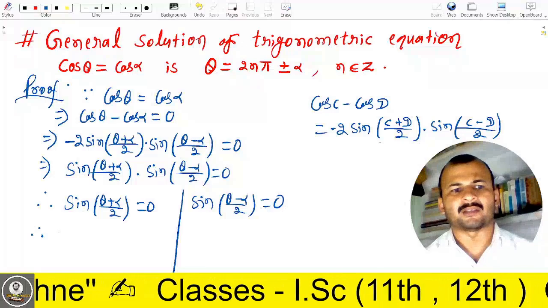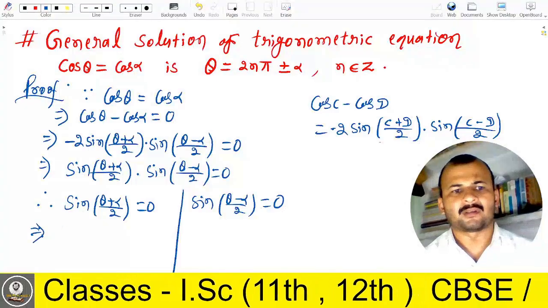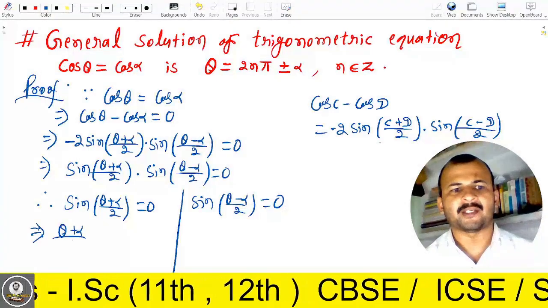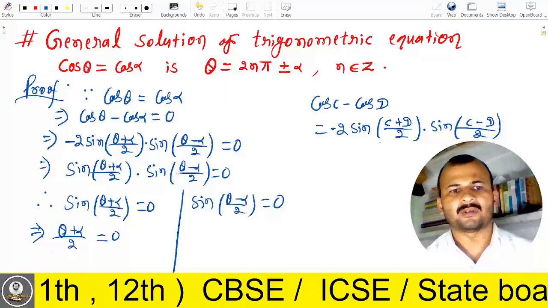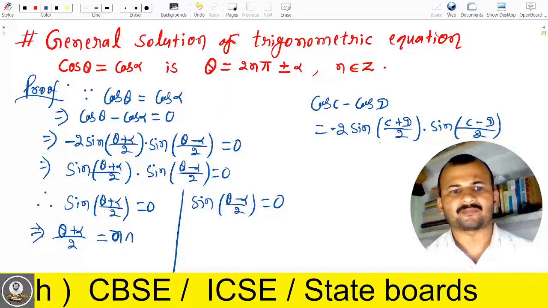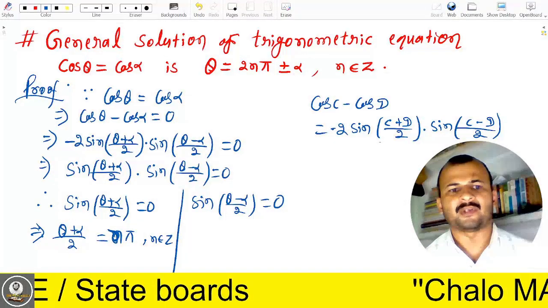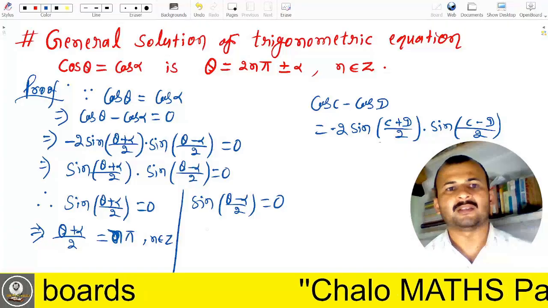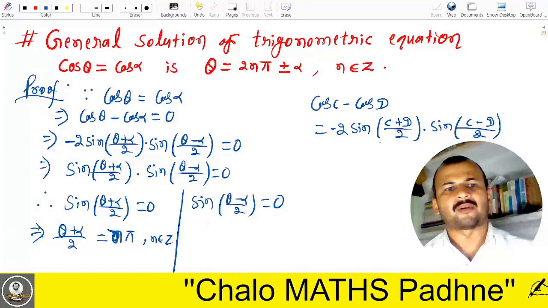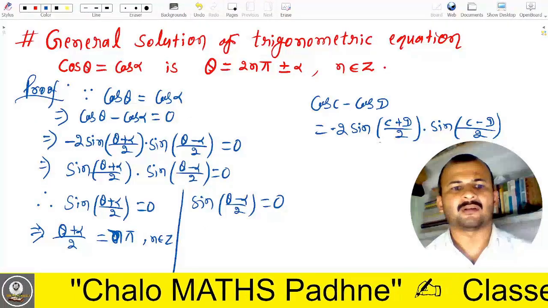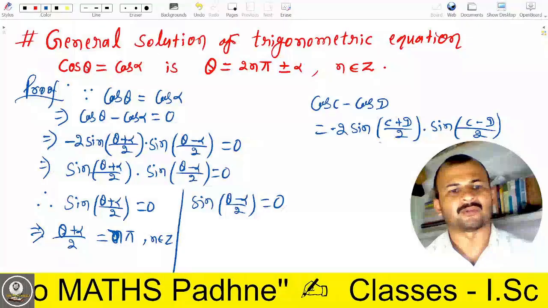Therefore we can write (theta plus alpha) by 2 equals n pi, where n belongs to Z. This means if we take the multiples of pi, then the value of sine at those angles will be 0.